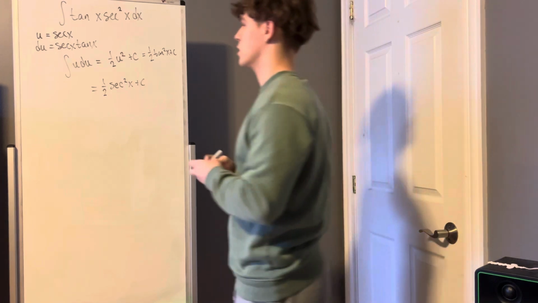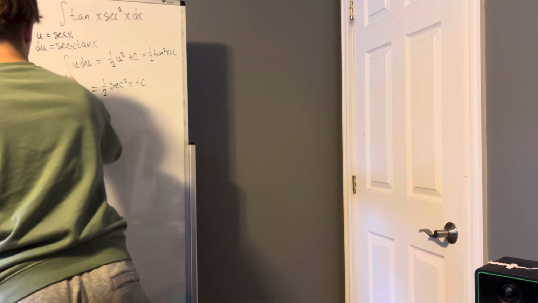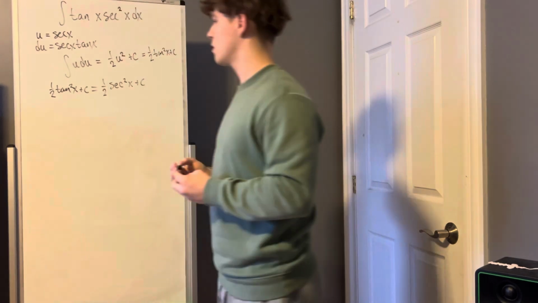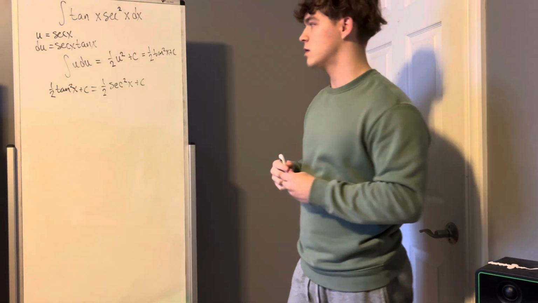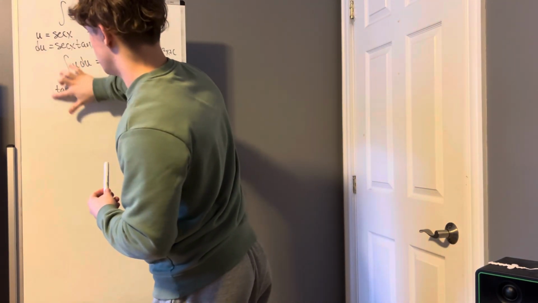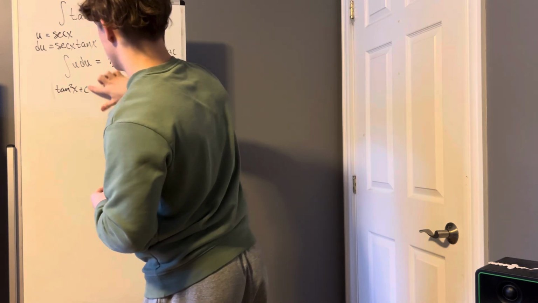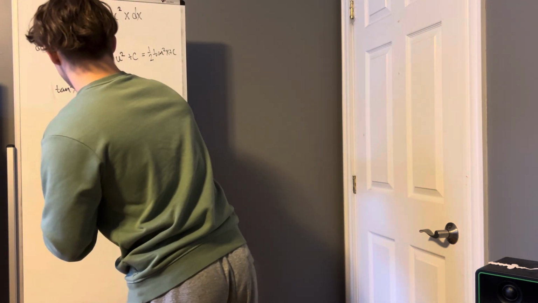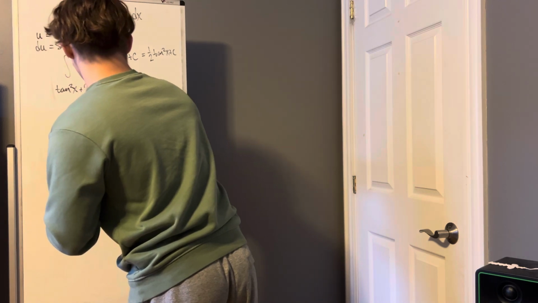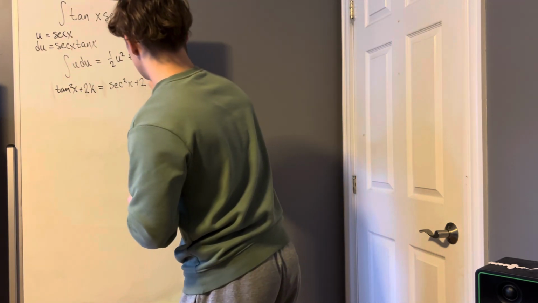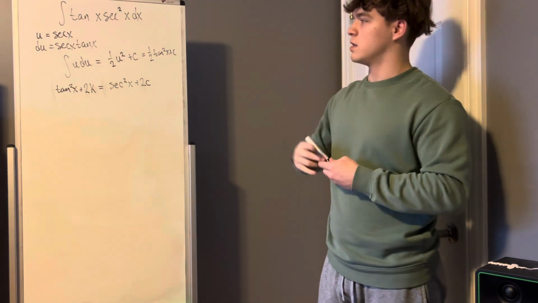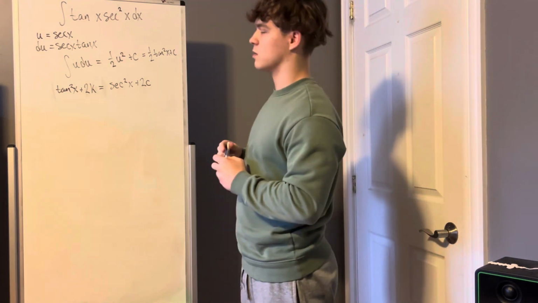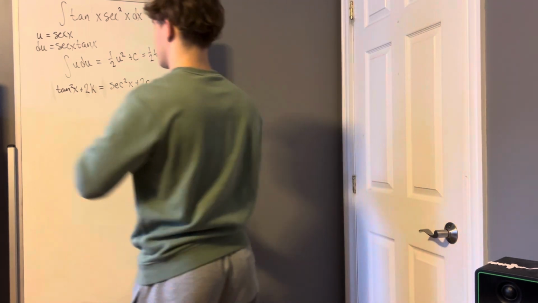Let's set these equal to each other to see this. 1 over 2 tan squared x plus c. Let's times by 2 on each side. We'll call this constant k, call this constant c, 2c. Secant squared x equals 1 plus tan squared x.